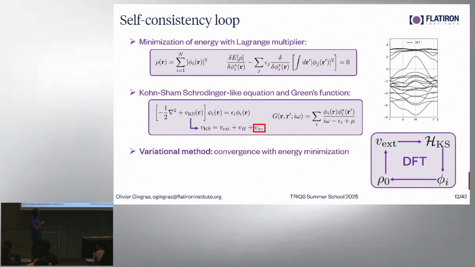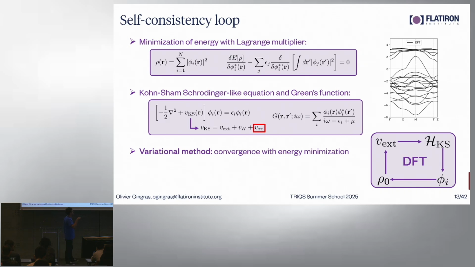Okay, so in the end, we derived this set of equations. Given an external potential, you can construct a Kohn-Sham Hamiltonian, solve it for the Kohn-Sham orbitals, which gives you a ground state density, and from that you can construct a potential. Everything is one body, so it's very fast, very efficient.